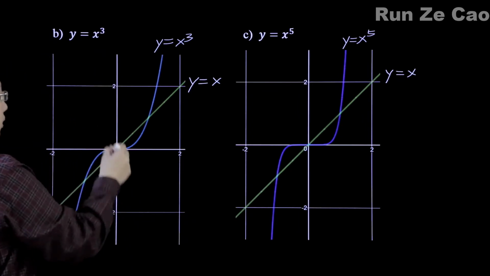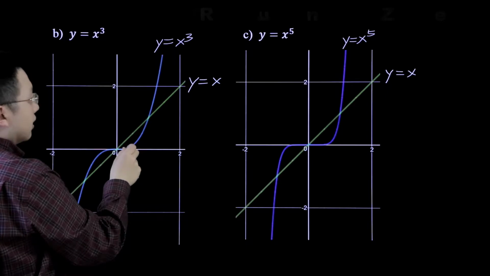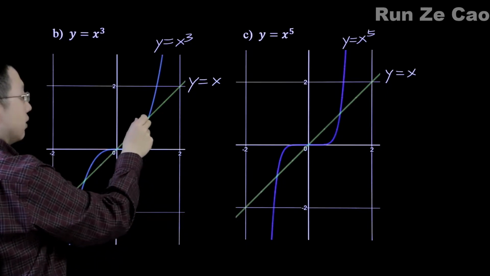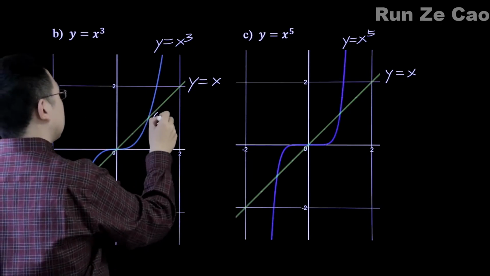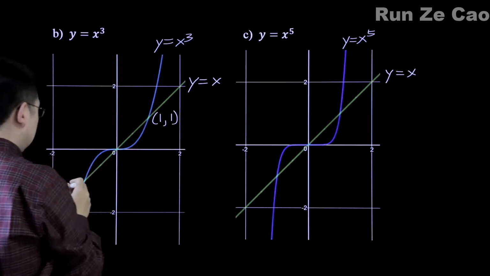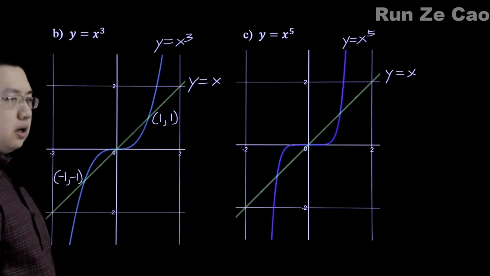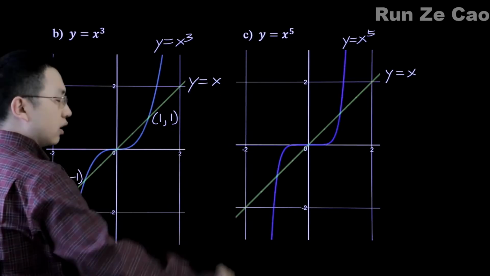Well, with the third power, we stay low for a while. Then once we get to 1, we reach 1. So x equals 1, y equals 1. And down here it's negative 1, negative 1. Okay, what really matters? What happens when we go to positive infinity?